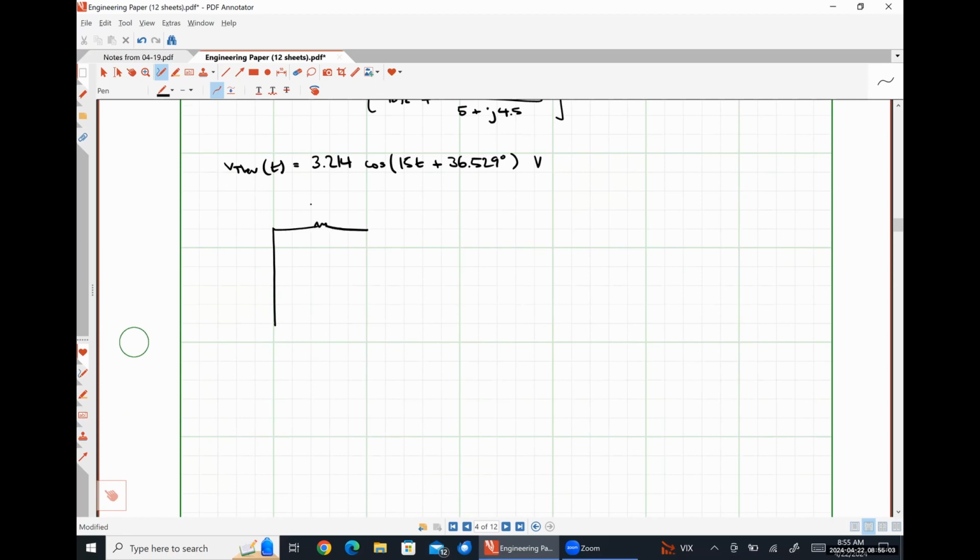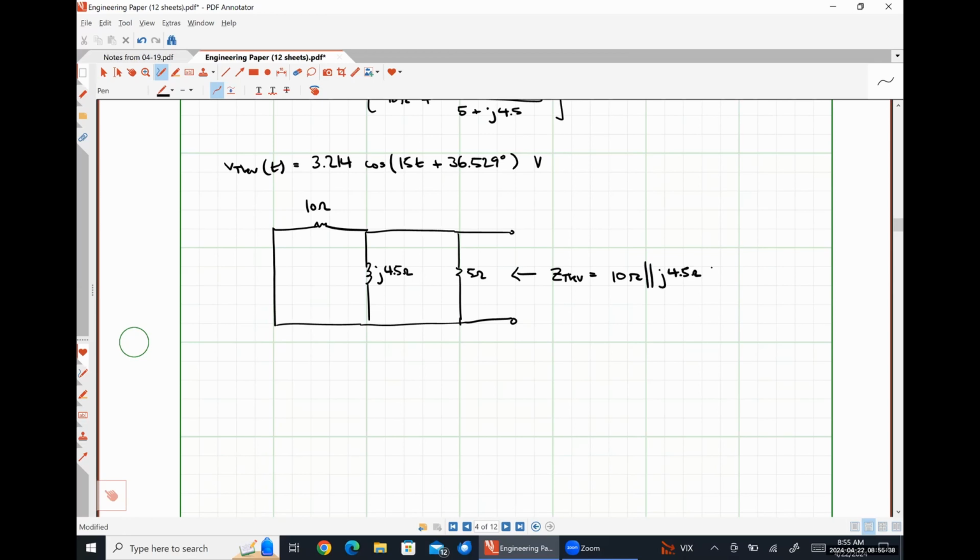Then we have our 10 ohm resistor, our j4.5 ohm impedance for our inductor, our 5 ohm resistor, and then these are the terminals that we're looking through. So Z Thev is just going to be 10 ohms in parallel with j4.5 ohms in parallel with 5 ohms.